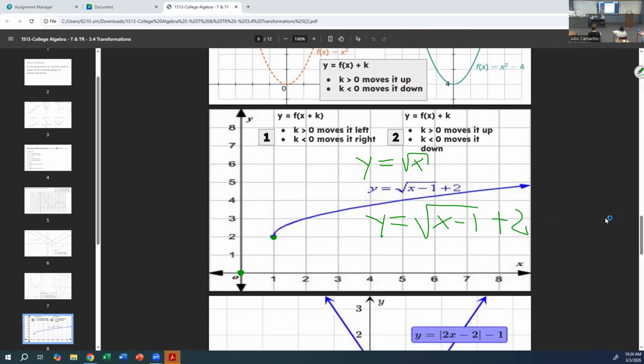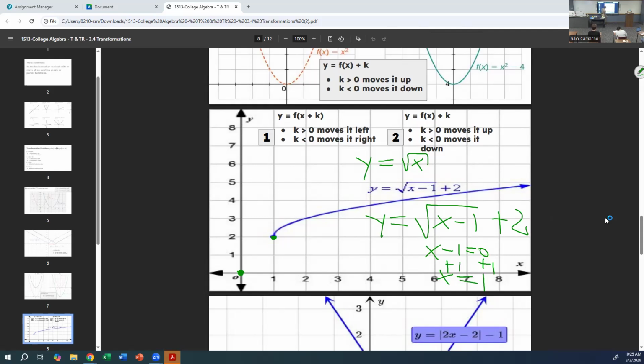Your h tells you the vertex went left or right. How do you know? You need to set this to 0. x minus 1 equals 0. And you add 1 to both sides. x is equal to 1.